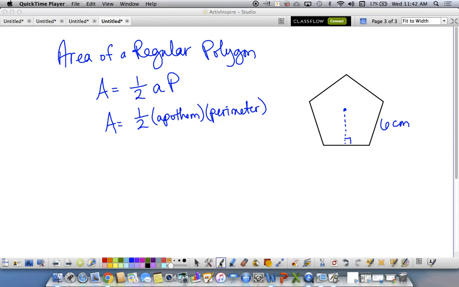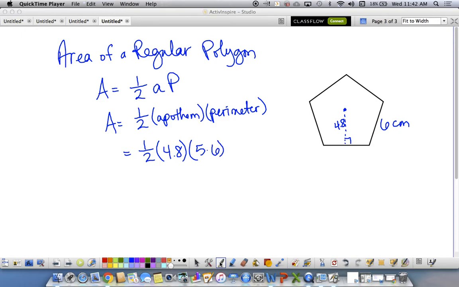Okay, so this apothem is going to be something like 4.8. Okay? And usually it's going to be a decimal. They'll just tell you. So we would plug in 1/2 of the apothem times the perimeter. What's the perimeter? Well, how many sides? 2, 3, 4, 5 sides times 6, and we get 30.